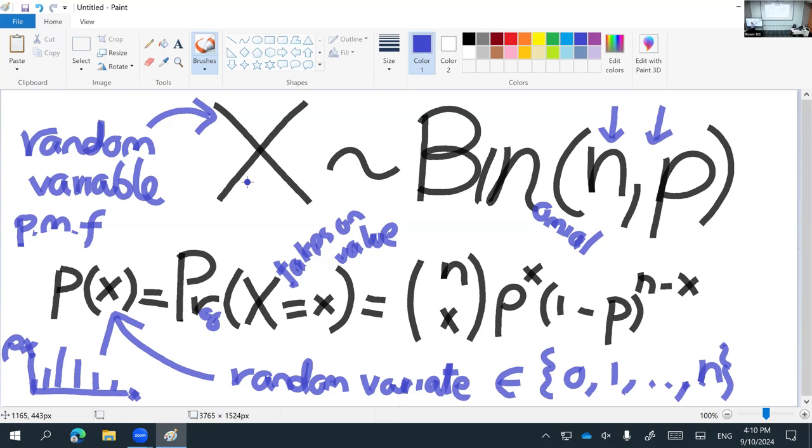And if you tell me what n is, for example n is equal to 10, p is for example 7%, I can draw you this probability of X.